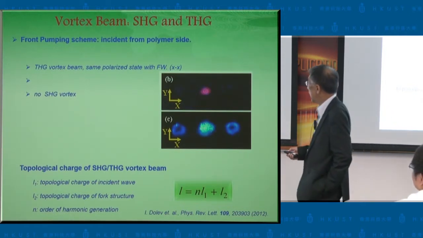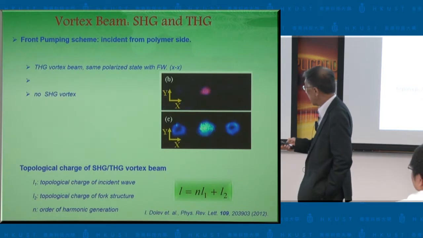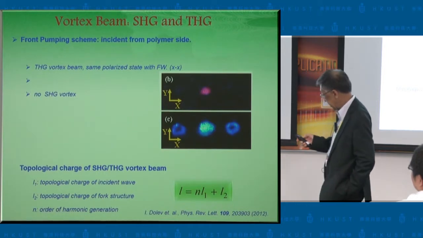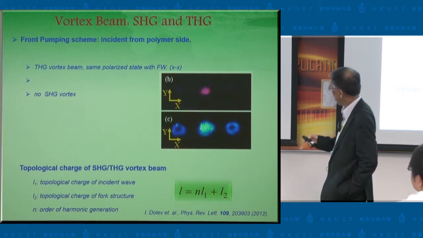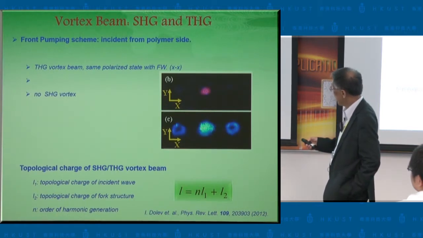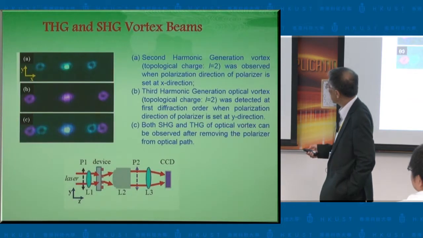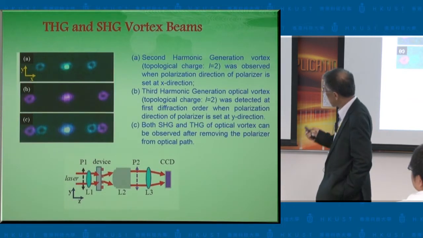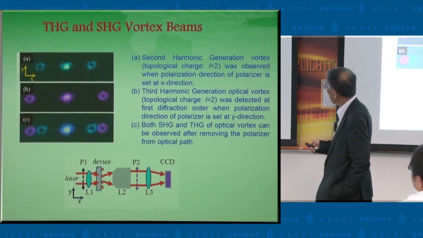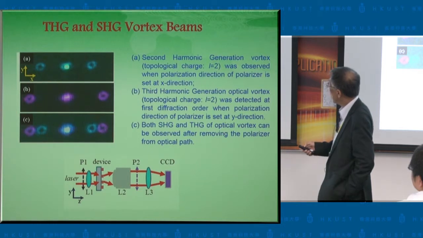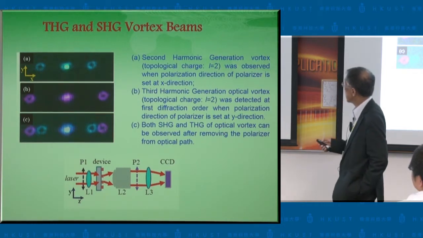So basically, this proves that you can induce and generate harmonics through this kind of structure, producing second and third harmonics. Here this is the second harmonic, this is the third harmonic, and if you remove the polarizer here, you can see both harmonics being present.